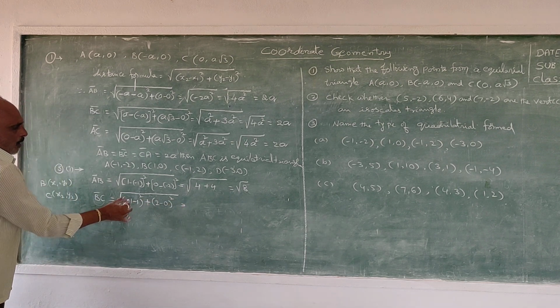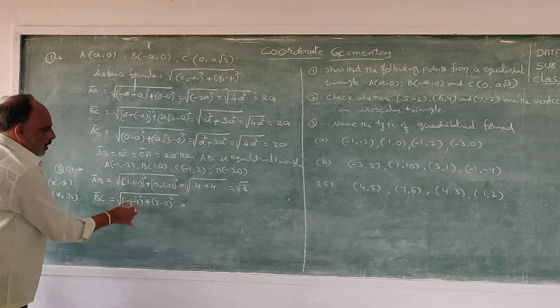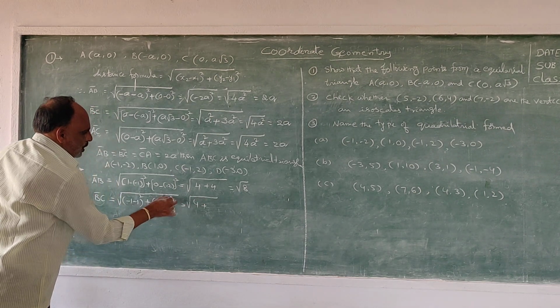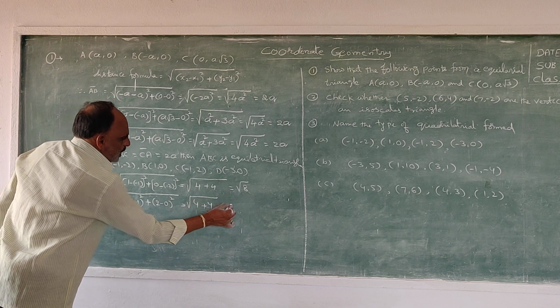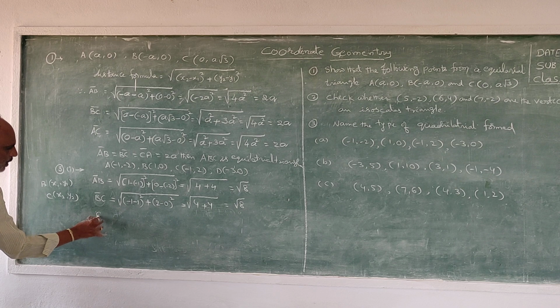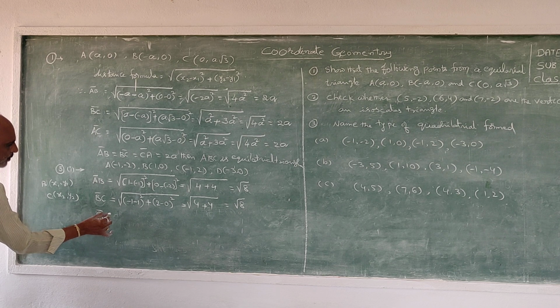That is equal to minus 2 square, which is 4, plus 2 square, which is 4. 4 plus 4 is equal to 8. So root 8.